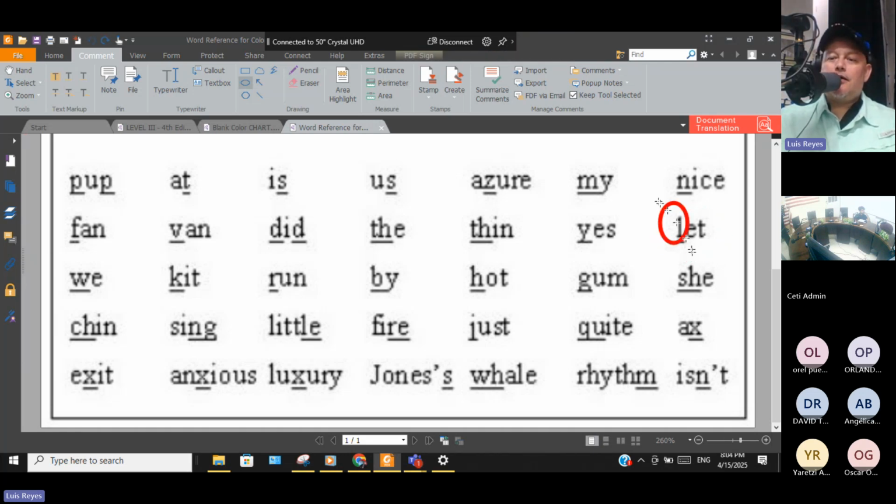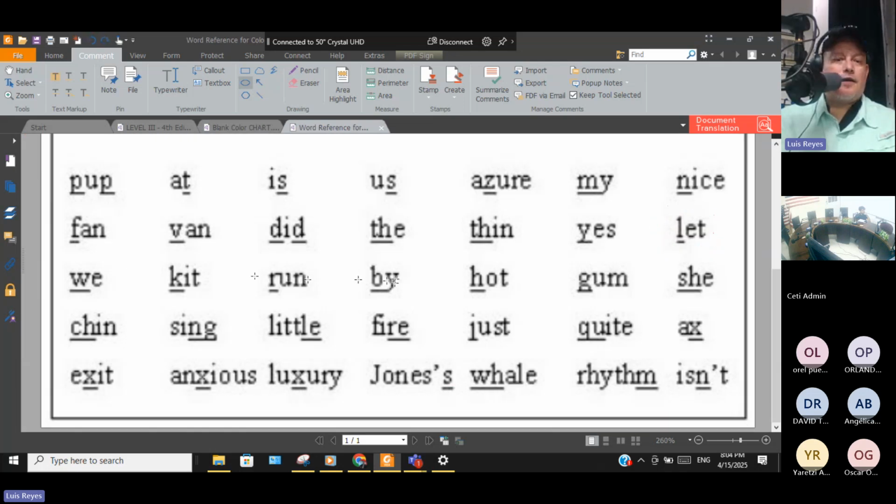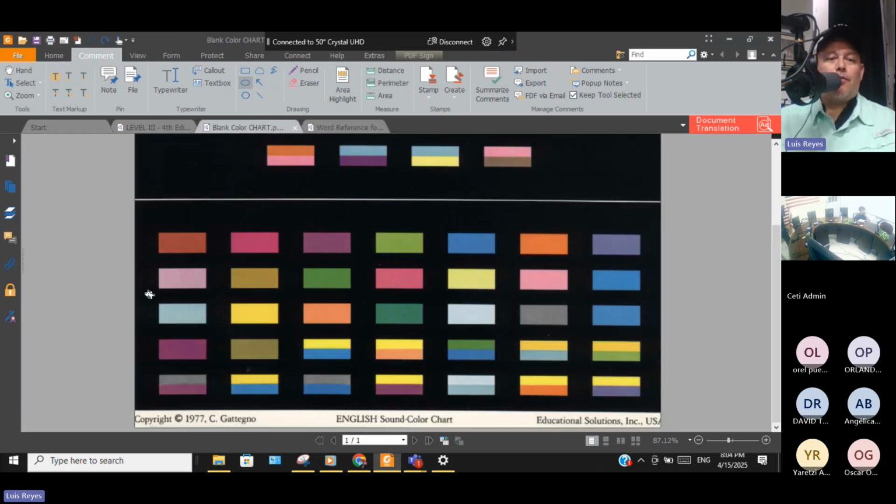Let, L-E-T, on the color chart. We, W-E, on the color chart.